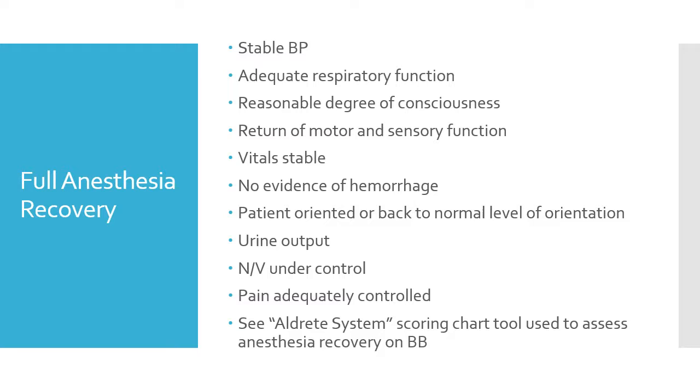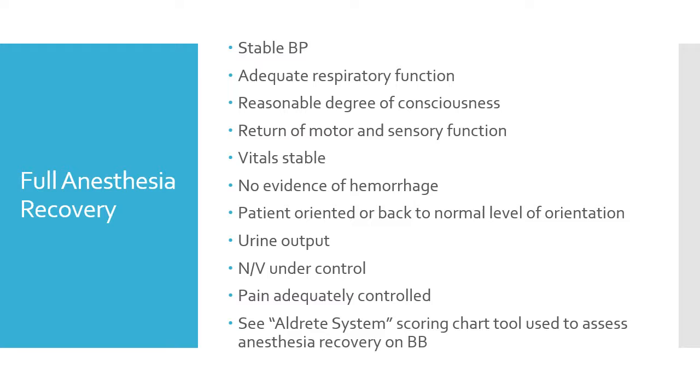So how do we know if a patient is fully recovered? They need to have stable blood pressure, adequate respiratory function, a reasonable degree of consciousness, and return of motor and sensory function. All vitals are stable, with no evidence of hemorrhaging. The patient is oriented, or back to their normal level of orientation.